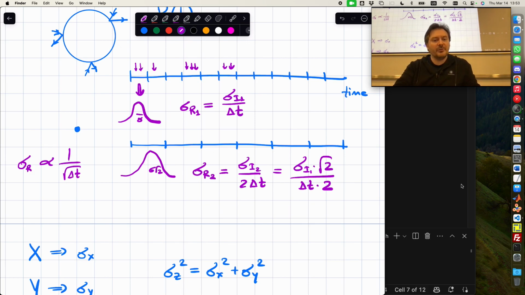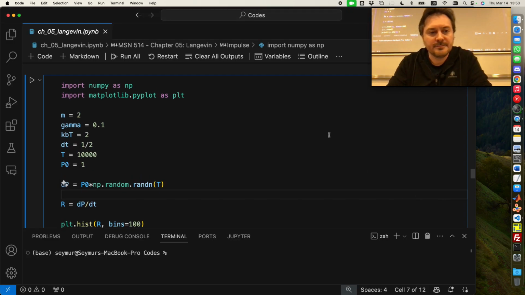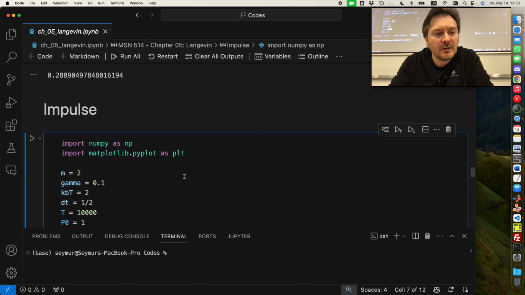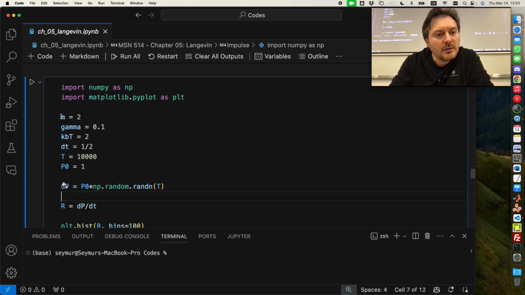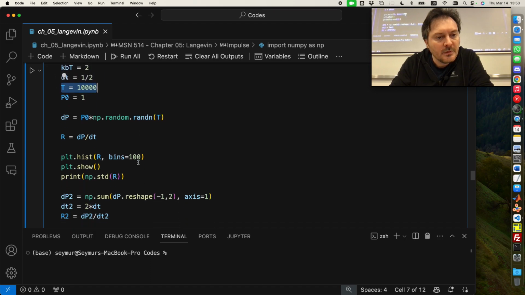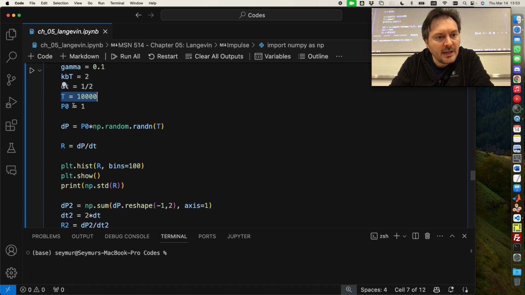Okay, let me show you a code. So this is an impulse code. We have some mass, some gamma, some kBT, some delta t, and some number of points. Let's say we have p0, and impulse is change in momentum, that's why I'm going to talk about delta p.